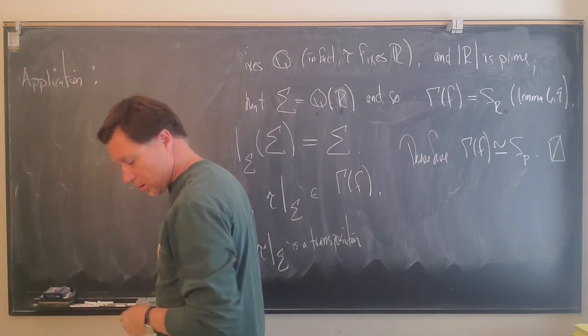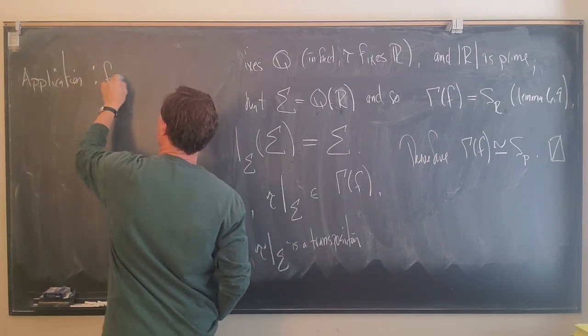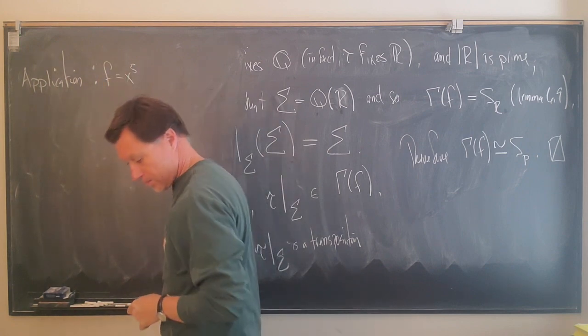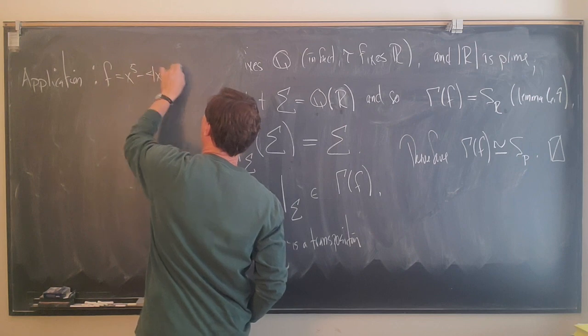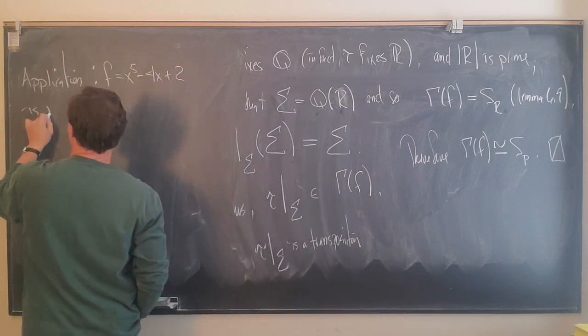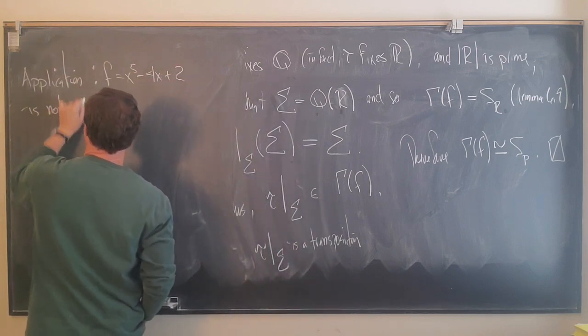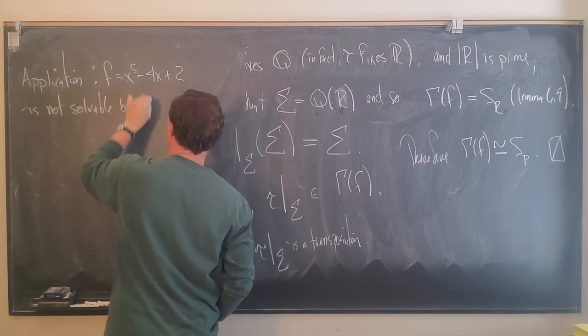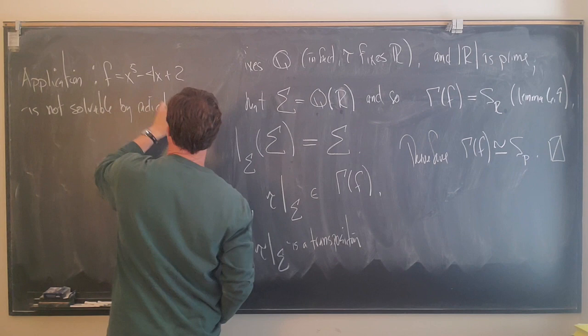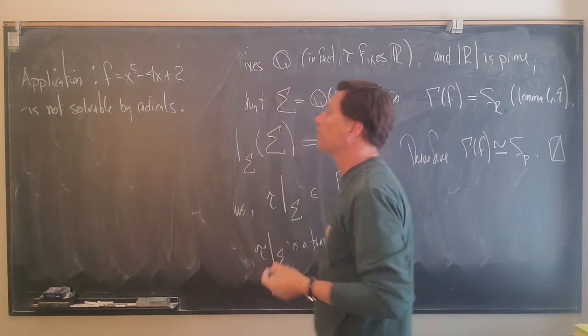The polynomial, let's call it f equals x to the fifth minus 4x plus 2, is not solvable by radicals. So I want to use our previous theorem.